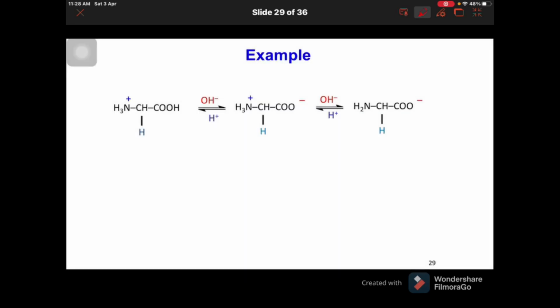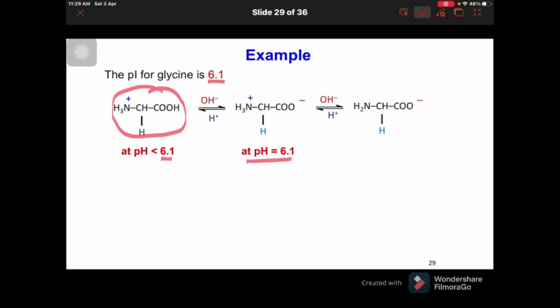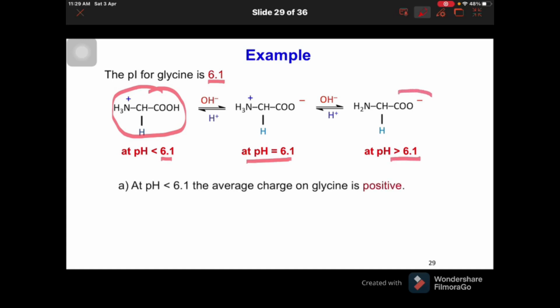Okay, look at the example. The pI for glycine is 6.1. At pH below 6.1, the compound will be positively charged. At pH more than 6.1, the compound will be negatively charged.